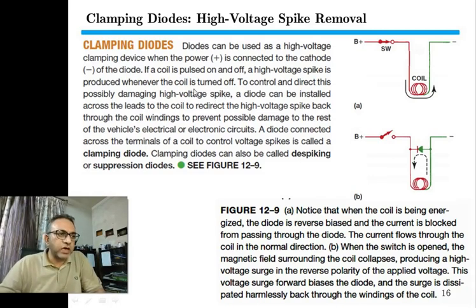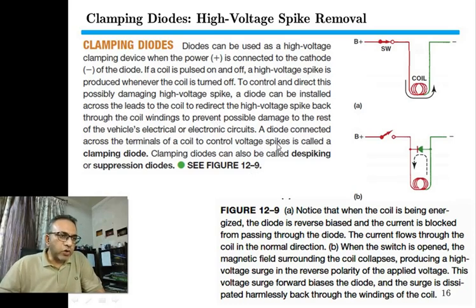We will look in the diagram at the interpretation of this sentence. Further onward, the author says to control and direct this possibly damaging high voltage spike, a diode can be installed across the leads to the coil to redirect the high voltage spike back through the coil winding to prevent possible damage to the rest of the vehicle's electrical or electronic circuit.